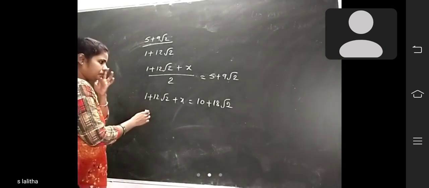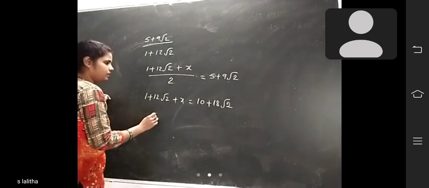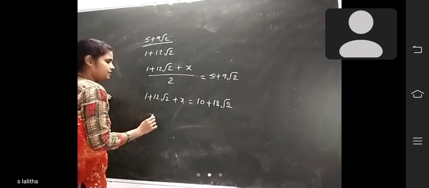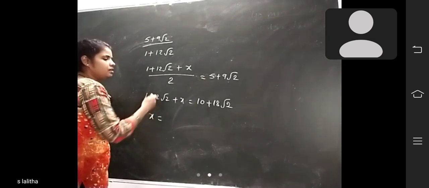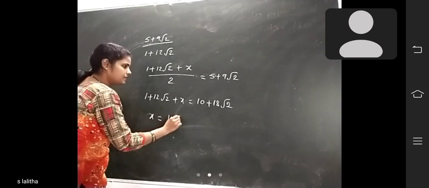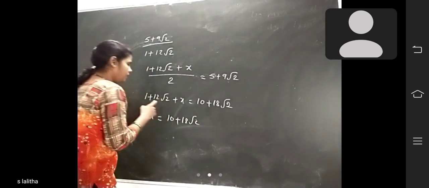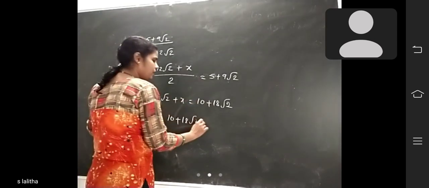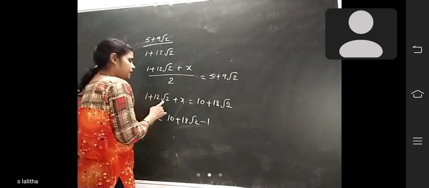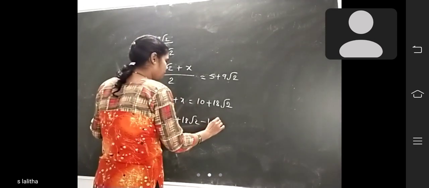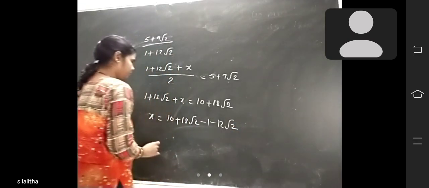Okay. Now you can transpose to here. x is equal to 10 plus 18 root 2. Here plus 1 transposed, what will it become? Minus 1. Plus 12 root 2 transposed here, what will it become? Minus 12 root 2.